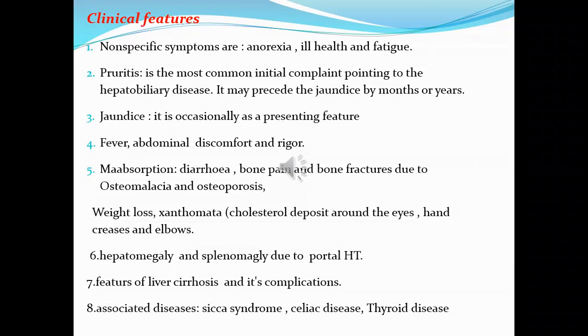Xanthelasma is due to retention of cholesterol due to poor synthesis of bile salts. Xanthelasma is deposition of cholesterol in the eye, or in the elbow and hand creases. Other features of primary biliary cirrhosis: hepatosplenomegaly due to portal hypertension. Other features of liver cirrhosis and its complications may be present.